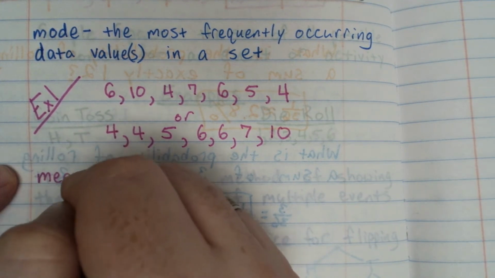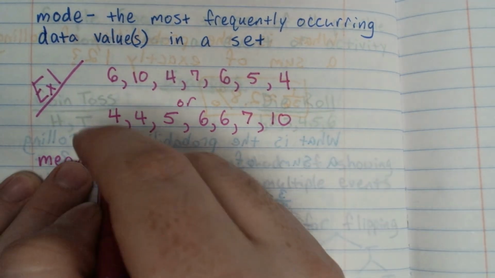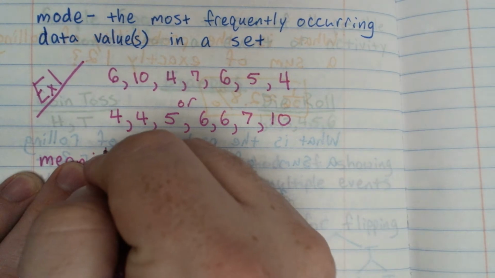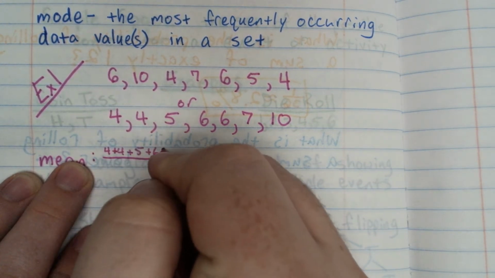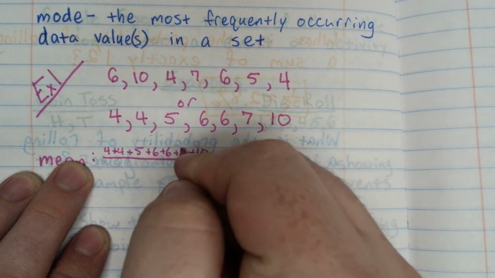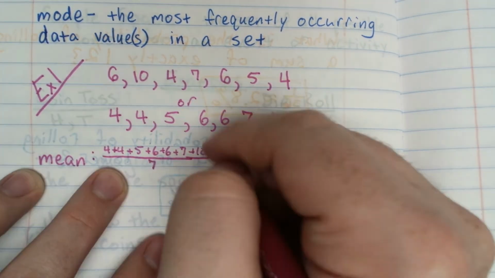So our mean, again, that's the arithmetic mean or the average. So we are going to add all of these numbers up. So it's 4 plus 4 plus 5 plus 6 plus 6 plus 7 plus 10, all over the number of data values, which we said was 7.